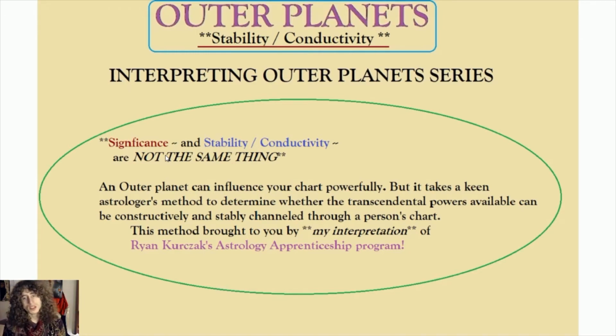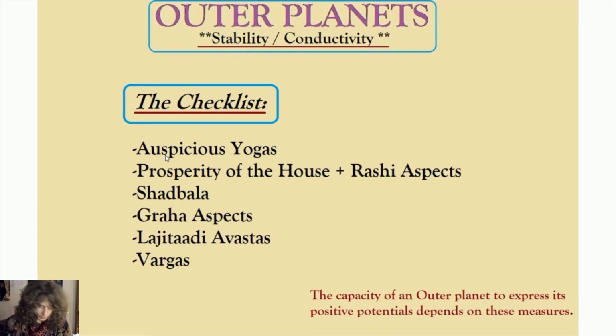This method is brought to you by my interpretation of Ryan Kirksack's Astrology Apprenticeship Program. Essentially, how we roll in tropical astrology is this little list right here, a very good, concise way of determining and quantifying the nature and the positivity of a planet from the perspective of the lagna and of the soul and the karma of the person in general.